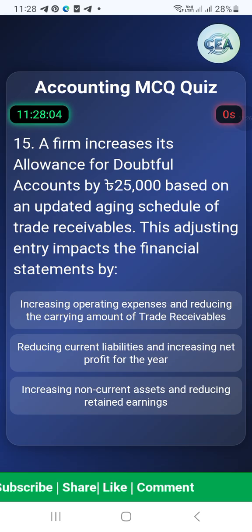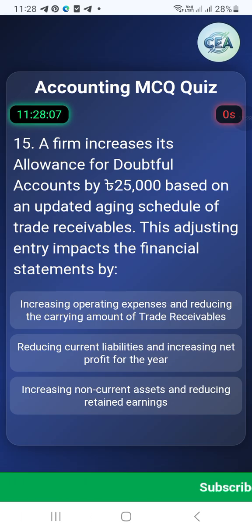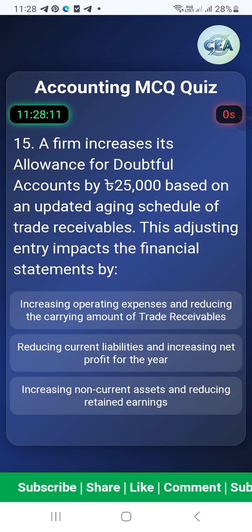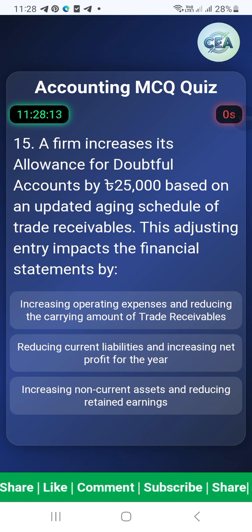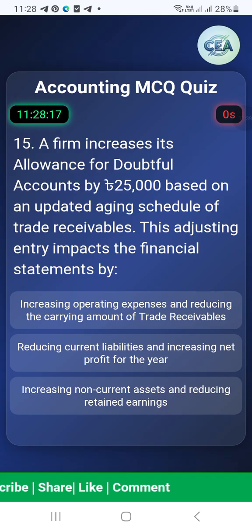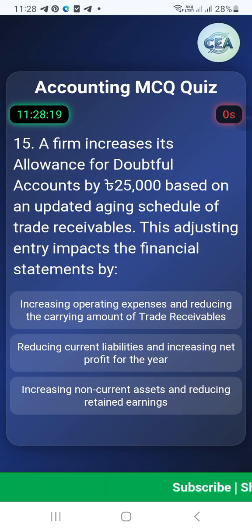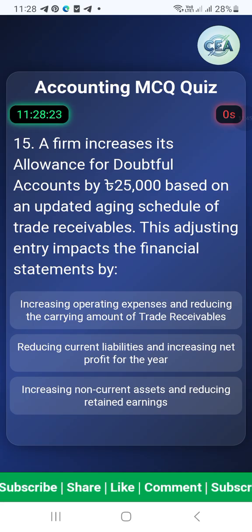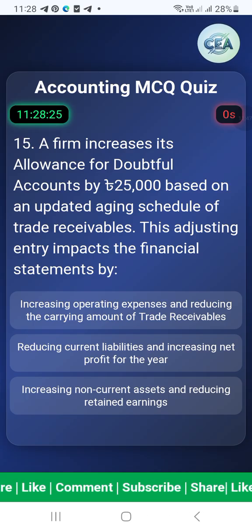15. A firm increases its allowance for doubtful accounts by 25,000 takas based on an updated aging schedule of trade receivables. This adjusting entry impacts the financial statements by Option 1. Increasing operating expenses and reducing the carrying amount of trade receivables. Option 2.